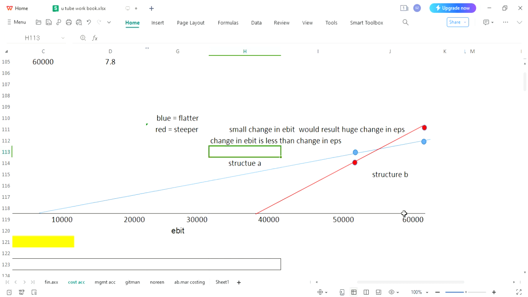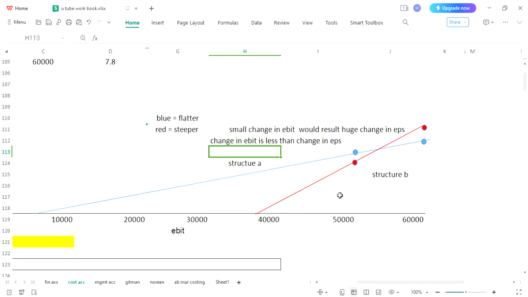This is what we are going to discuss for the steeper curve. So a relatively smaller change in income will make a bigger change in EPS. This is what we have written over here. Change in EBIT is less than change in EPS, meaning when you change your EBIT at a higher or lower level, the change in EPS would be more than that of change in EBIT.